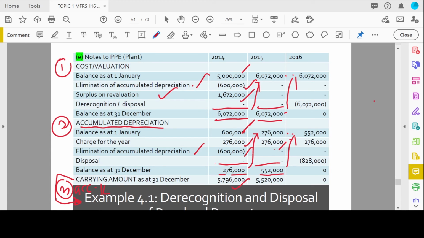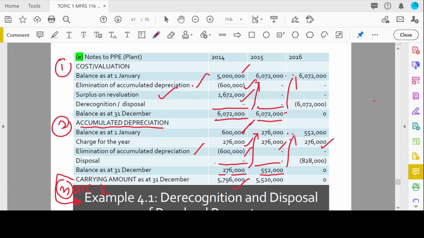What happened in year 2016? Nothing much, except that we provide for depreciation for the year, and then we record the disposal of the asset. When we record the disposal of an asset, we remove the carrying amount, meaning that we remove both cost and accumulated depreciation. So everything will be removed.